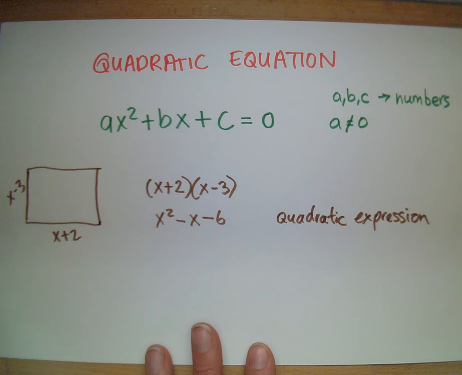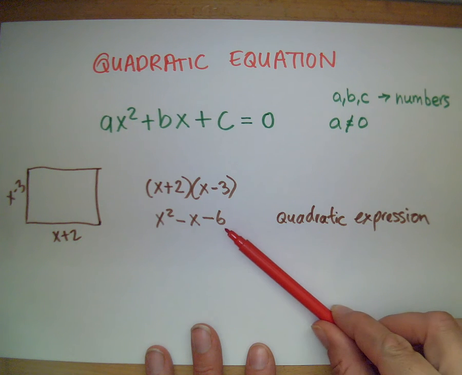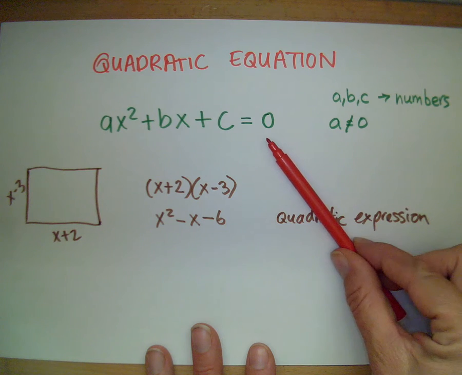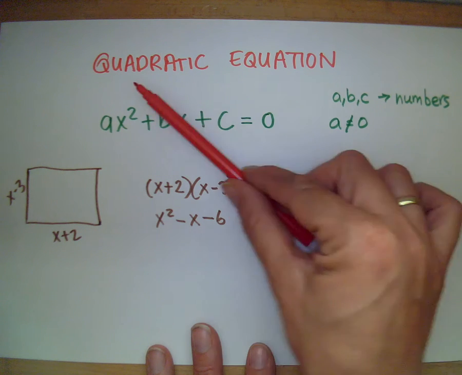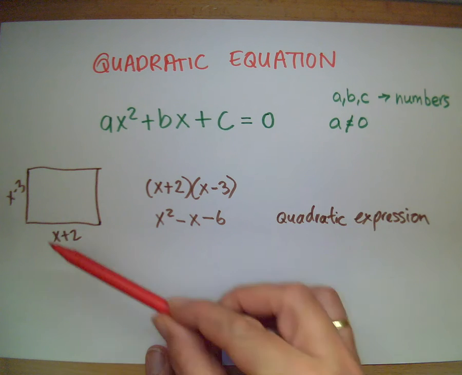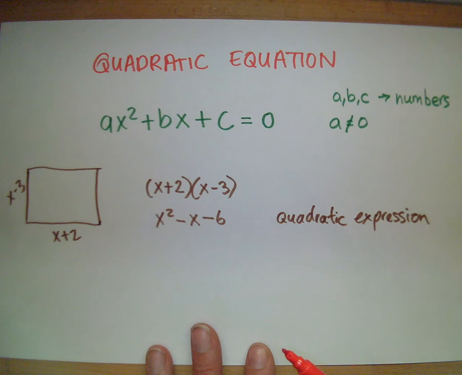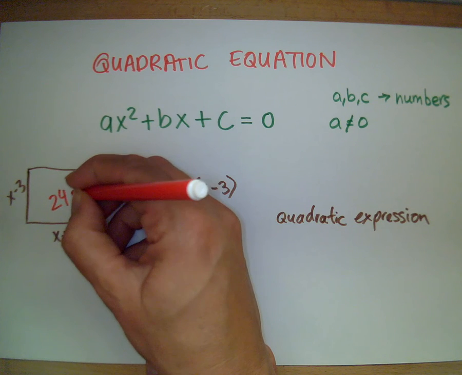Okay? Now, what we're doing when we're setting a quadratic expression equal to 0 or another number is we then turn it into a quadratic equation. And with our field, you can see that this x is unknown. Let's say we want the area of this field to be 24 square meters.